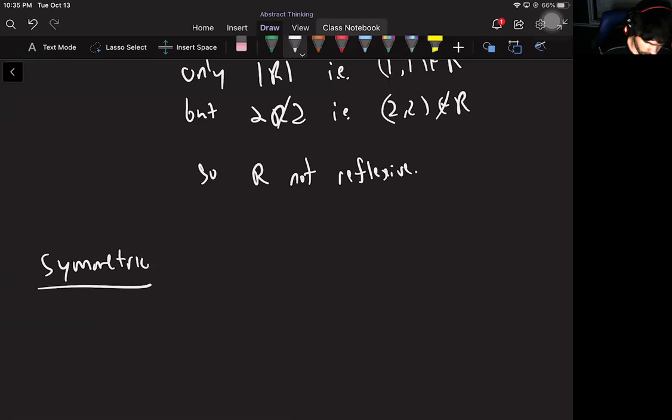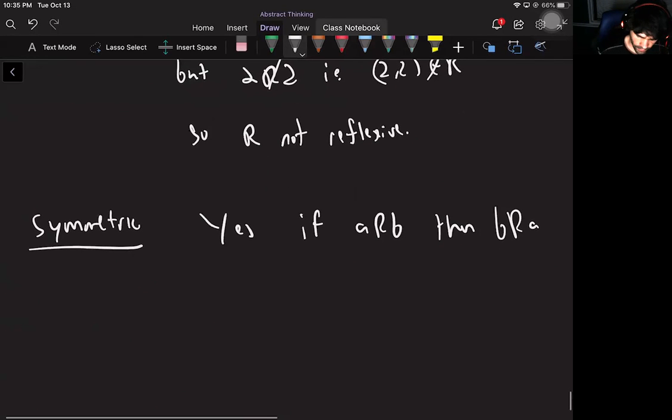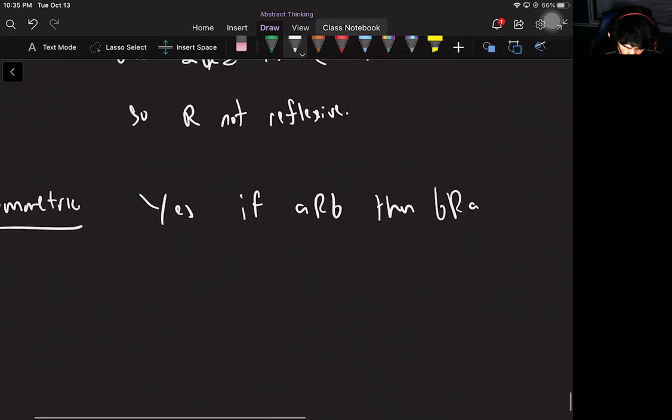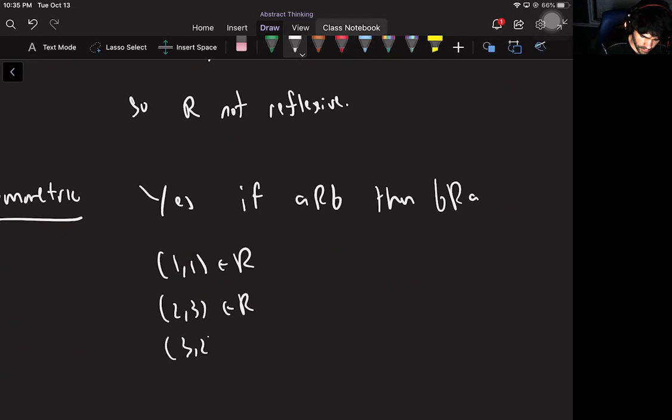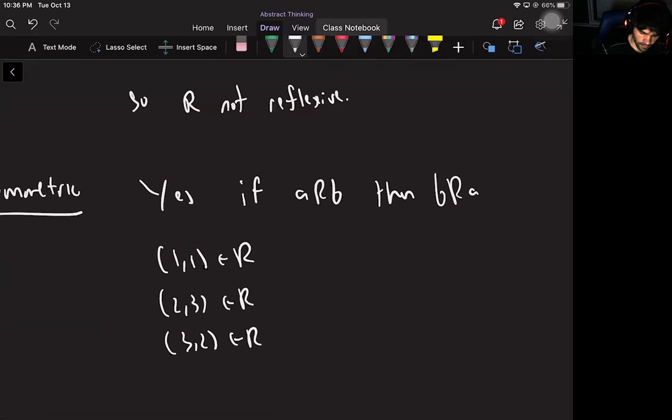So let's look at each time the hypothesis is satisfied and see that the conclusion follows. 1 comma 1 is in R. 2 comma 3 is in R. And 3 comma 2 is in R. That's the same as saying 1 is related to 1, 2 is related to 3, and 3 is related to 2.